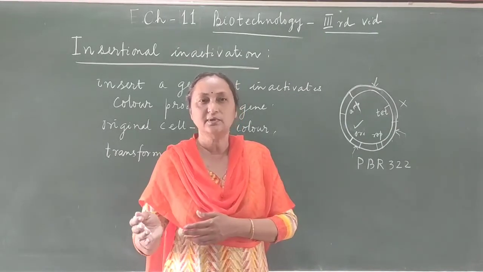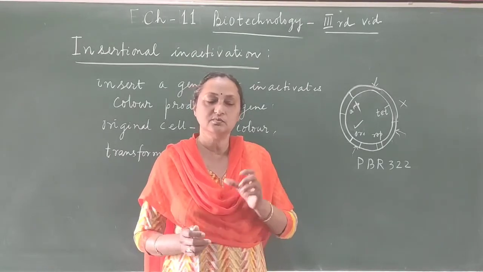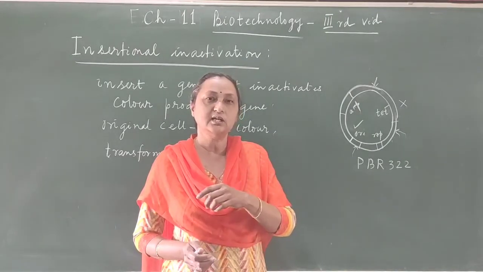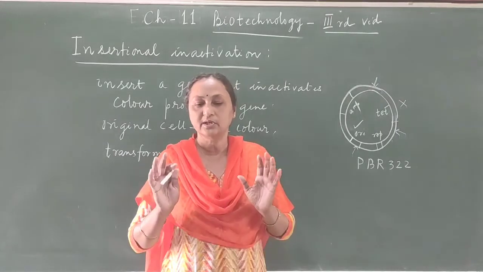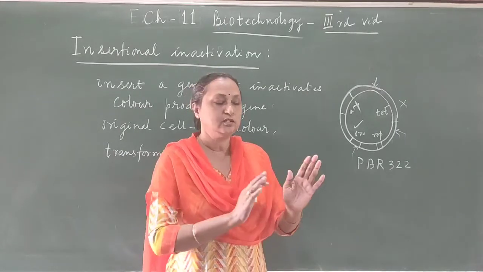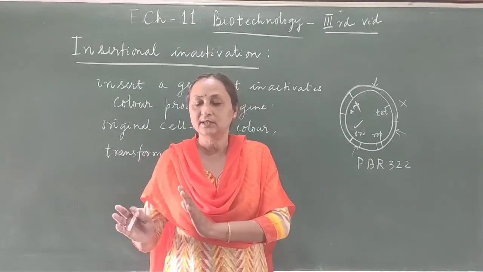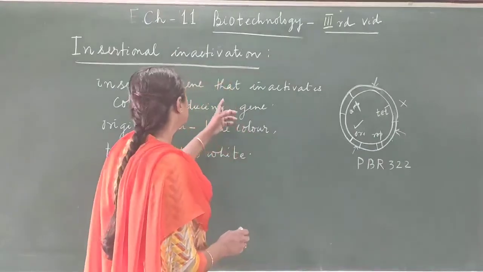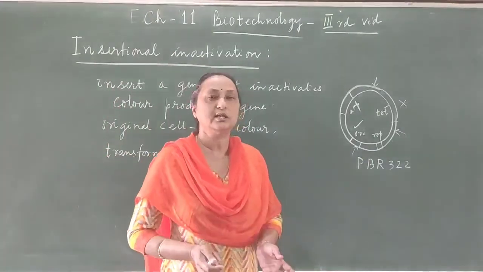Now the transformant cell seems to be white because we have cut the blue color producing gene. So now the transformant cell cannot produce the blue color, so it is white in color. So simply by seeing, you can tell that the blue color is a non-transformant or the original cell, and the white color is the transformant cell. So this process is much easier and we can differentiate between these two cells easily.